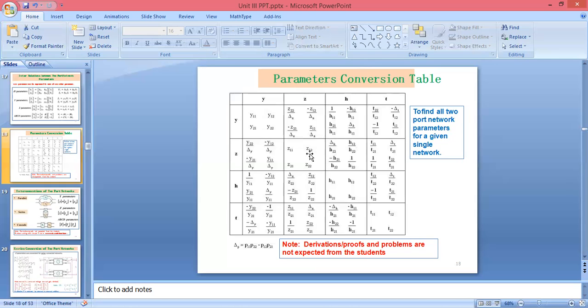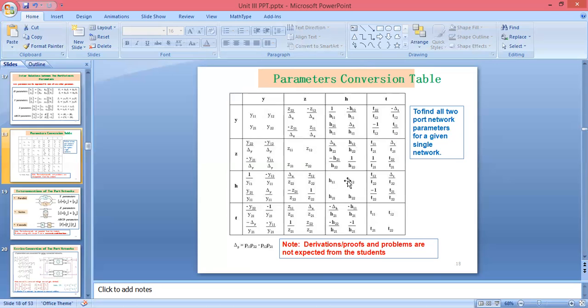So these are the differences. Where H is there, you will get H11, H12. If you are transmitting here, you will get T11 is nothing but A, T12 is B, T21 is C, and T22 is D. I have written in the form of T. T is nothing but these are ABCD. H parameters, G is nothing but the inverse.